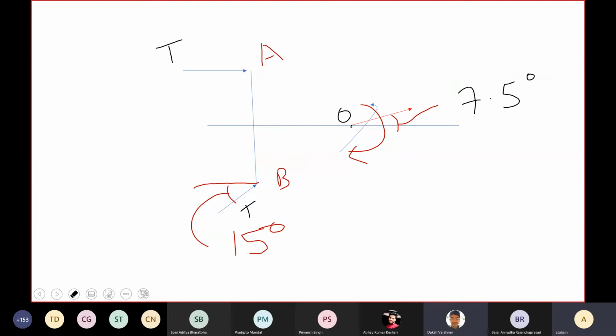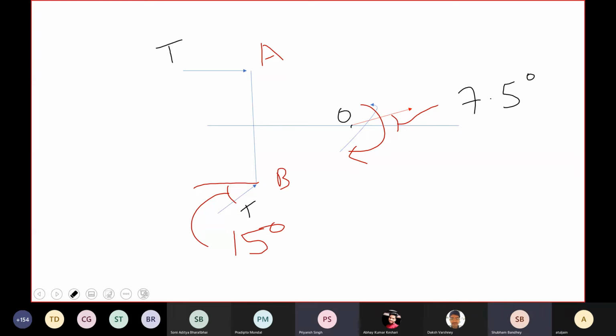Now the question was, what is the second part of the question? Replace this force couple by a single force. So at point O, this everybody got, yes? What is the equivalent force couple at point O? Everybody agrees with what I have drawn?